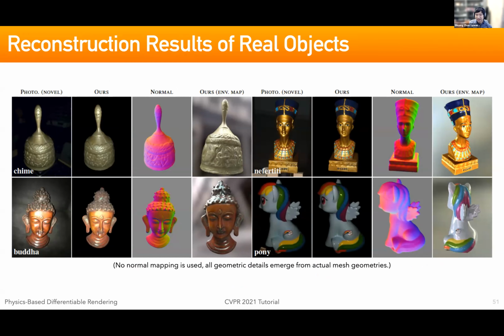One thing I want to emphasize is that although we show a normal visualization here, there's no normal mapping used, which means all these detailed normal effects are geometric normals. All these detailed geometry emerge from the underlying mesh. This demonstrates the performance of modern differentiable renderers.